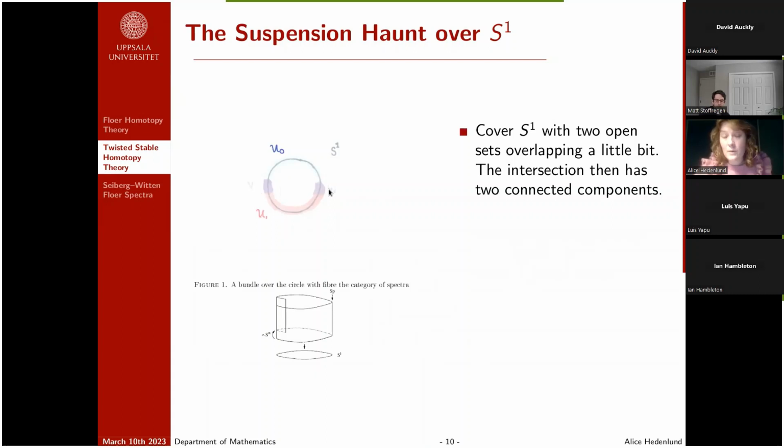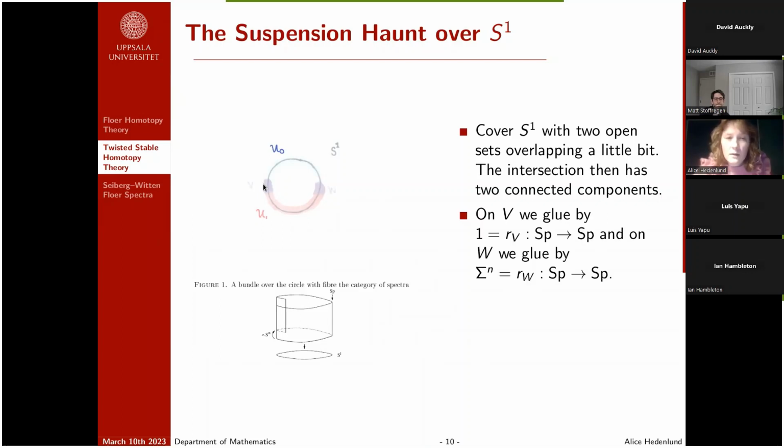So basically what we need to do in order to construct a haunt on this space is give transition functions on these intersections. So on V, maybe I placed V and W wrongly here.